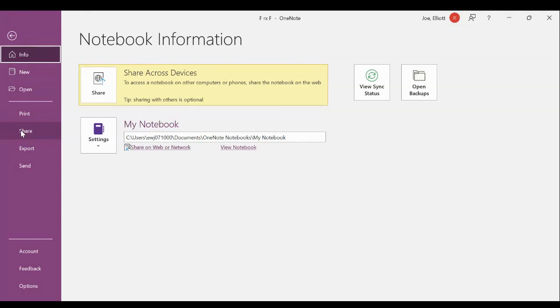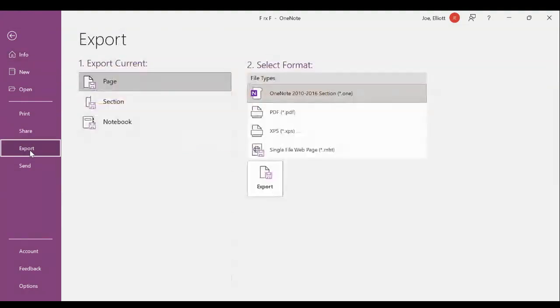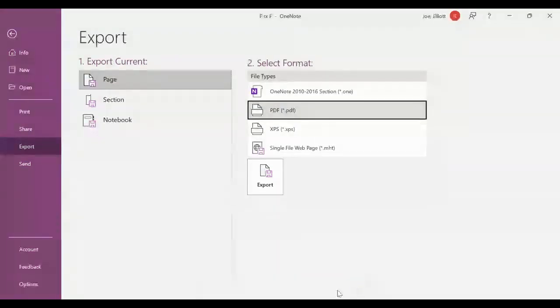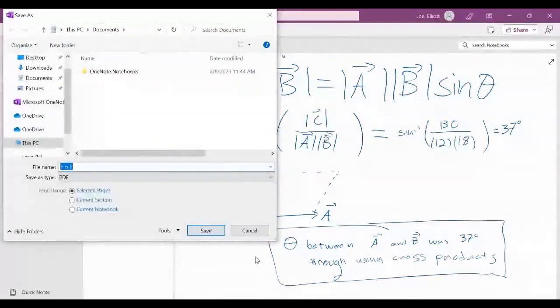If you can export it as a PDF, if you want to share it. Yeah, if you export it as a PDF, is that what you want? Yeah, that's export. Whatever. Like f of x.